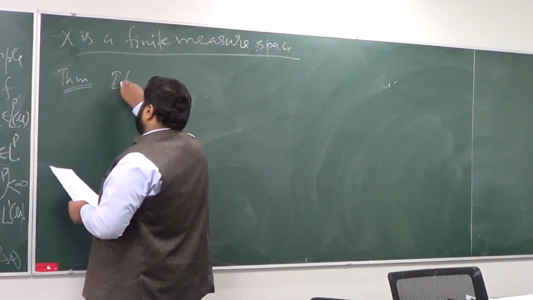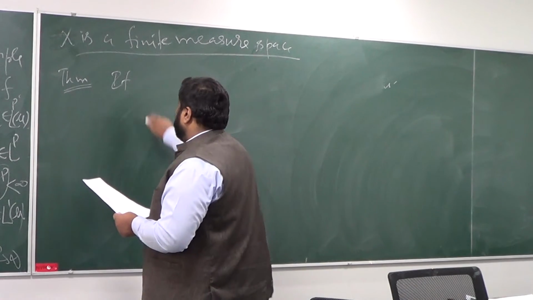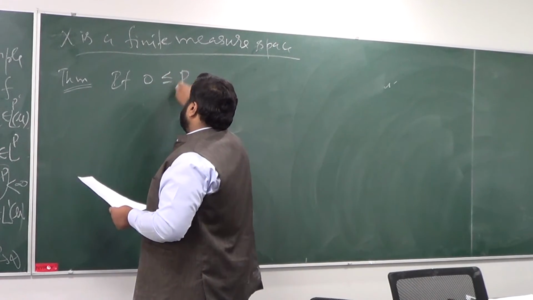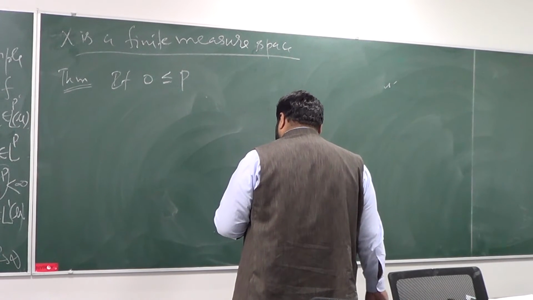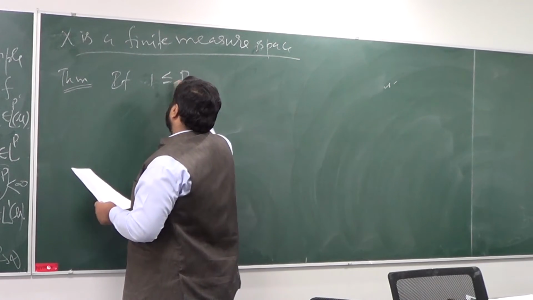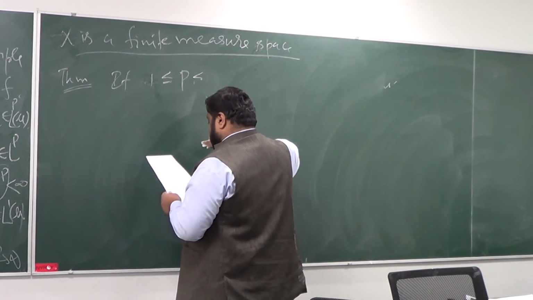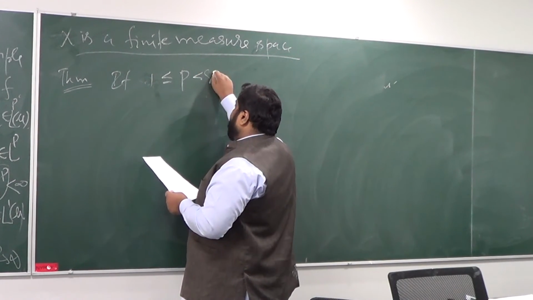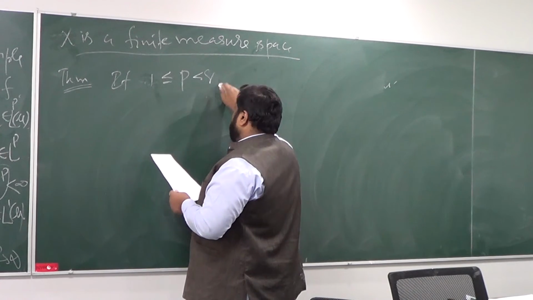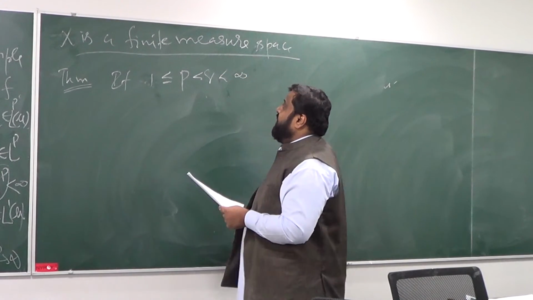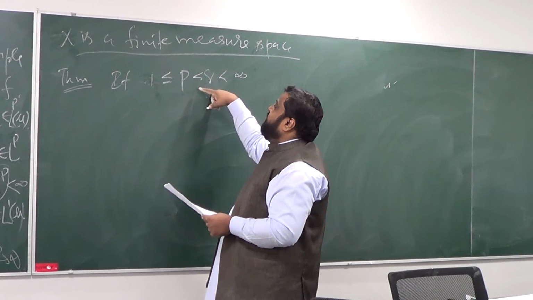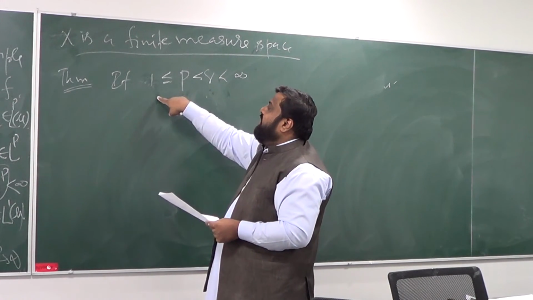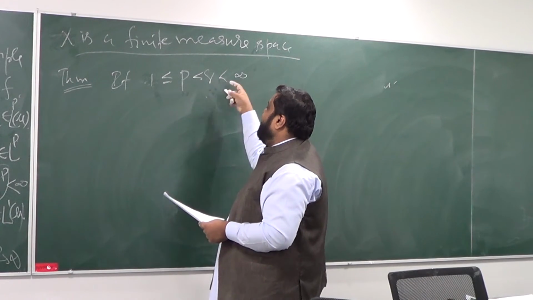These are just a bunch of results. So if P is bigger than or equal to 1 and less than Q and less than infinity. In other words, I have two numbers P and Q, where P is bigger than or equal to 1 and P is less than Q, and both are finite.